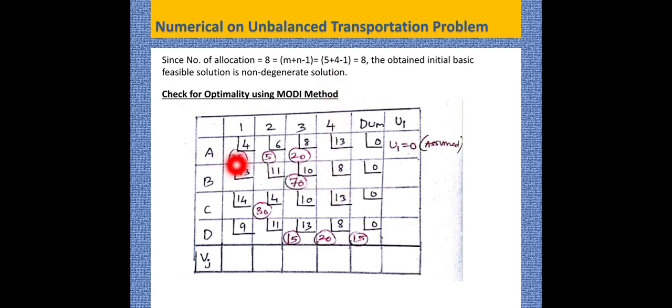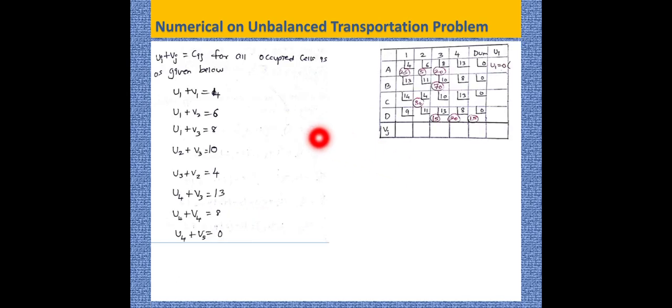So here you can assume u1 as 0 or u3 also you can assume as 0. Now assume u1 as 0, so that the number of allocations is more in this particular row. In this row also it is 3 only, so you can assume u4 as also 0 only. So now I calculate ui plus vj for all occupied cells, that is u1 plus v1 is equal to 4, u1 plus v2 is equal to 6, u1 plus v3 is equal to 8.